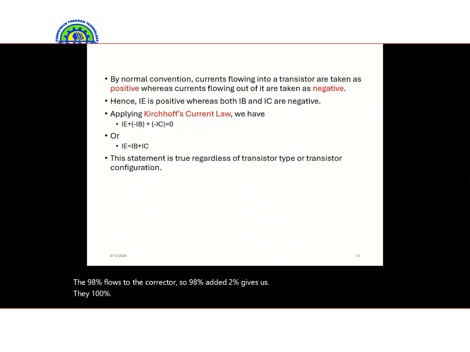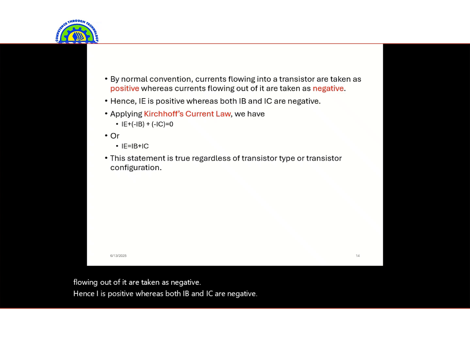By normal convention, currents flowing into a transistor are taken as positive, whereas currents flowing out of it are taken as negative. Hence, IE is positive, whereas both IB and IC are negative.